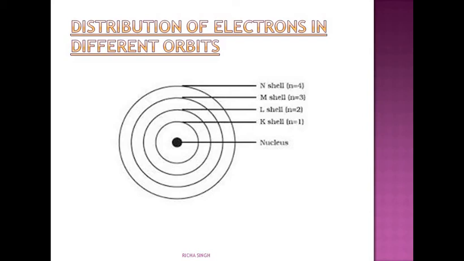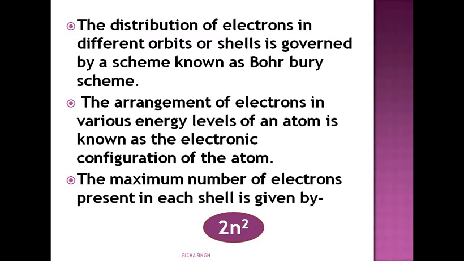That means the energy of M shell is more than that of L, which in turn is more than that of K shell. The maximum number of electrons present in any given shell is given by the formula 2n square, where n is the number of the orbit or shell.